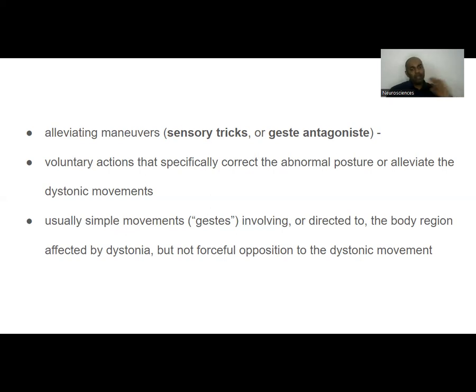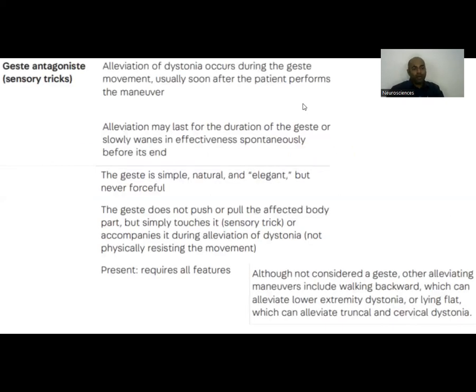These simple movements give temporary relief of the dystonia. Alleviation occurs during the geste movement, usually soon after the patient performs the maneuver, and it lasts for the duration of the geste or slowly wanes in effectiveness spontaneously before its end. The geste is simple, natural and elegant, but never forceful. It does not push or pull the affected body part, but simply touches it and accompanies it during alleviation of dystonia.